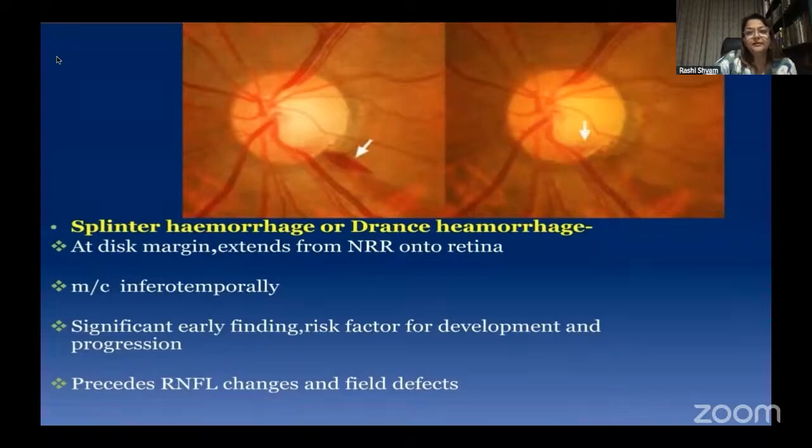And sometimes when a patient is on anti-glaucoma drugs already, and there is still further damage happening, then the pressures may be fine, but you will see a splinter hemorrhage where further neuroretinal rim damage has occurred. So splinter hemorrhages are also very important when you are trying to carefully make things out from the optic nerve head clinical examination.